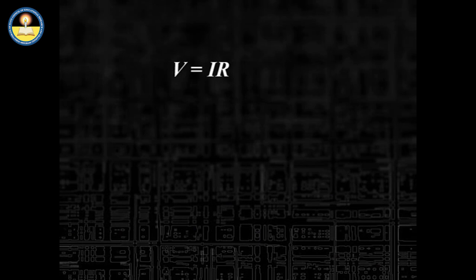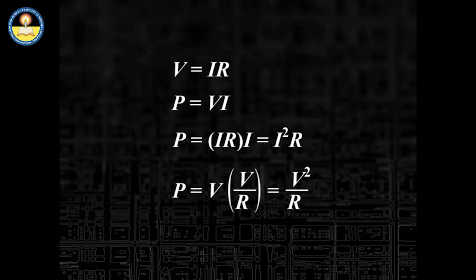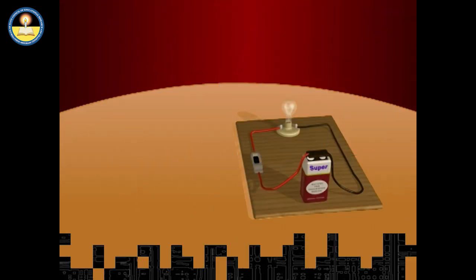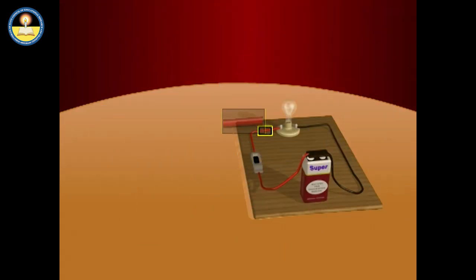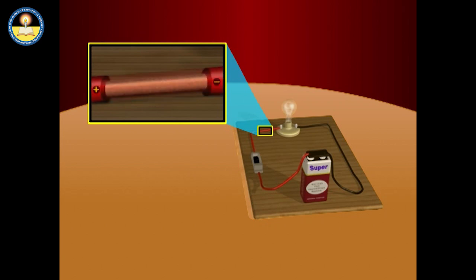By using Ohm's law, the expression for electric power consumed by a conductor can be modified as shown. The source of power is an external source to keep a steady current through a conductor.